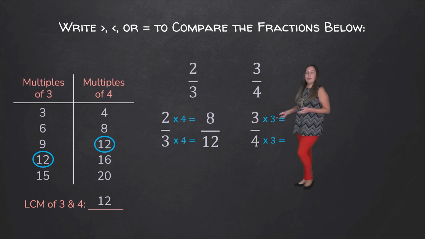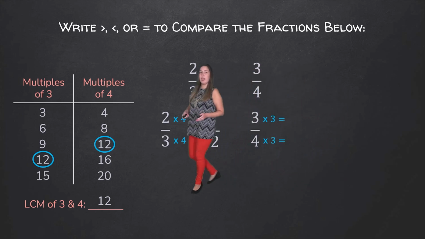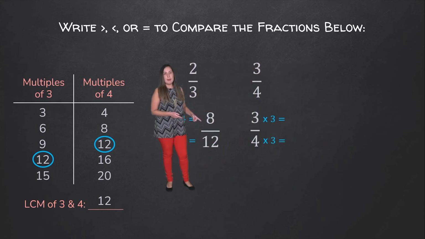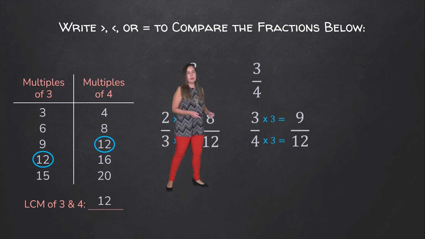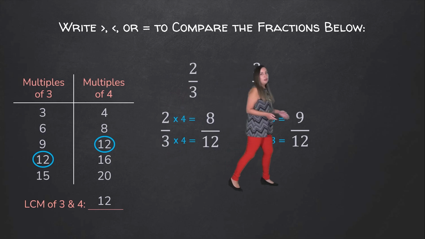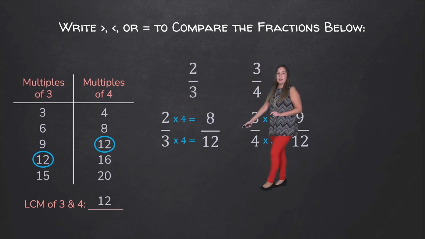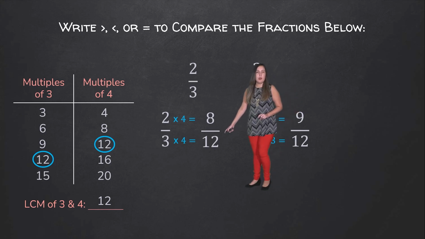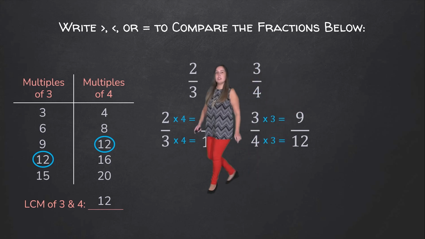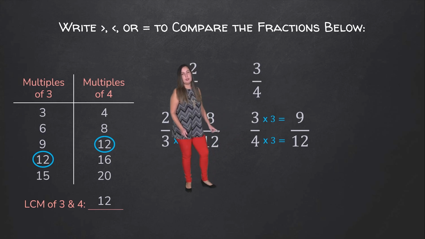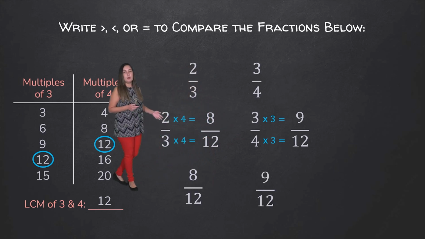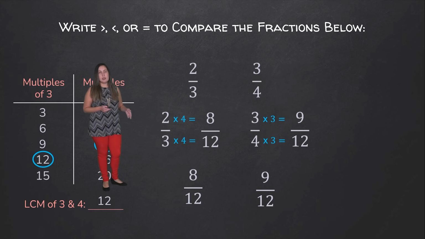So if we have 3/4 and we multiply both of them by 3, we end up with 9/12. So we have two fractions now with the same denominator. There's a denominator of 12 here, and then there's a denominator of 12 for this fraction. So we're going to rewrite both of those fractions and then compare.